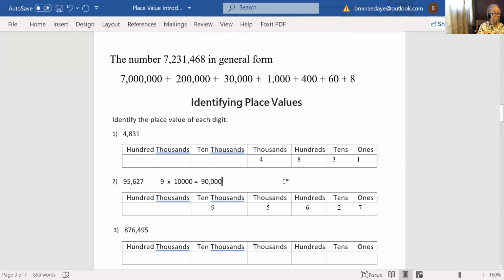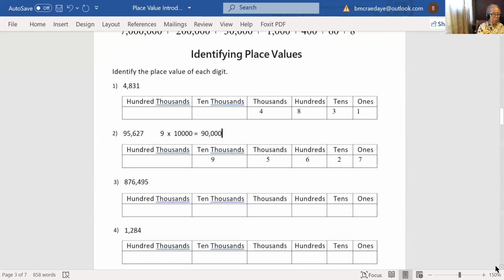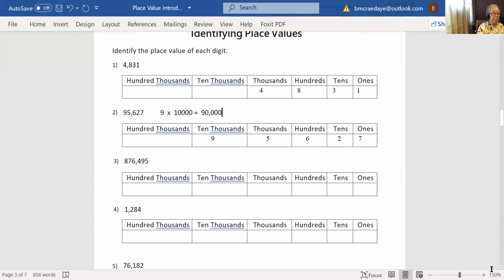Okay. Just an example, the 9. You can do the same for the 5 times 1,000, 6 times 100, 2 times 10, and 7 times 1. Okay, let's go to the next one, because I'll leave the last 2 for you to do.